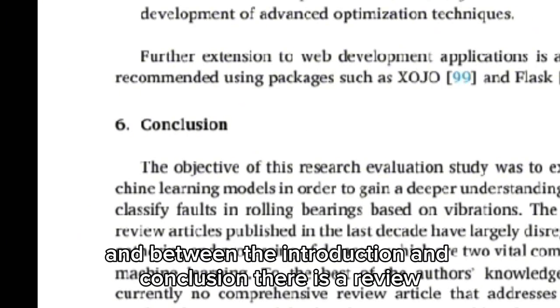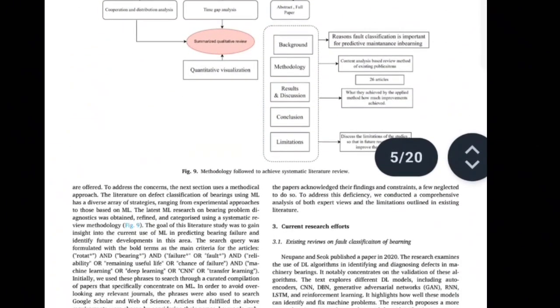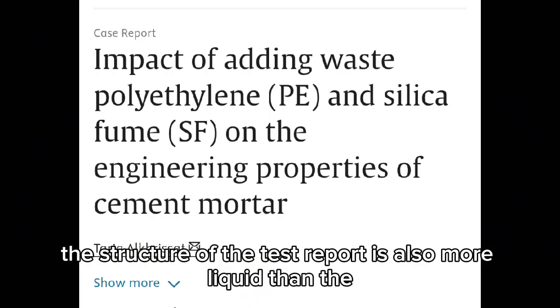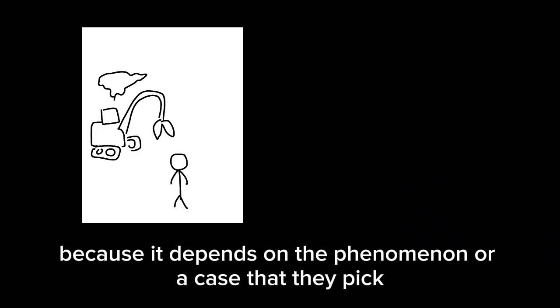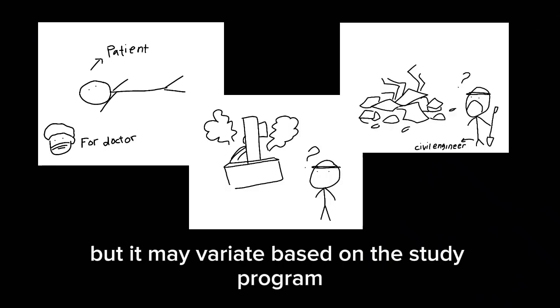Between the introduction and conclusion, there is a review of the articles. The structure of the case report is also more fluid than the research article because it depends on the phenomenon or case that they pick, and it may vary based on the study program.